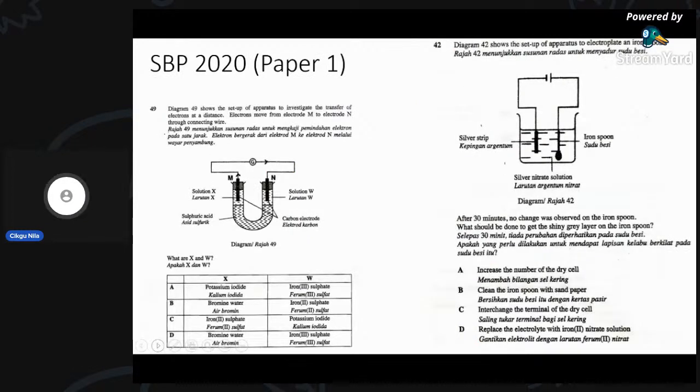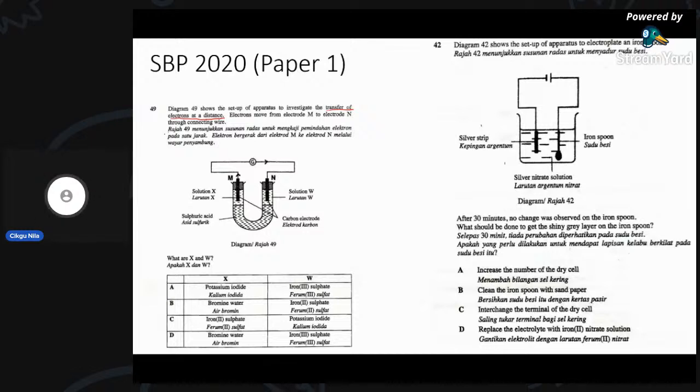Question 49. This is a setup of apparatus to investigate transfer of electron at a distance. Electron moves from electrode M to electrode N through the connecting wire. They ask you what solution X and solution W are.